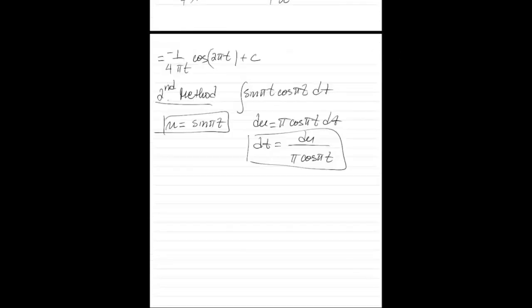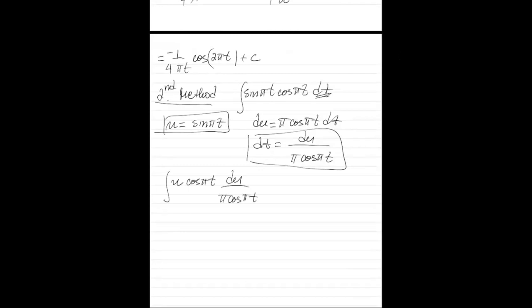So du is equal to pi cosine pi t dt, and dt is du over pi cosine pi t. So substitute now. We have the integral of u, and I'm going to keep cosine pi t here, and instead of dt, I'm going to have du over pi cosine pi t.